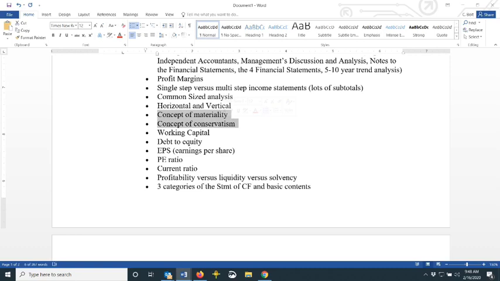That's because it's immaterial when trying to make a decision. In financial accounting only, not managerial. When we get to the concept of conservatism, that means if we have 2 options to prepare financial statements by, because you're going to find as we go through this course that frequently there is more than one option for preparing a transaction, then we need to choose the most conservative option.